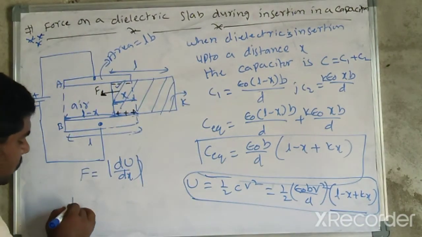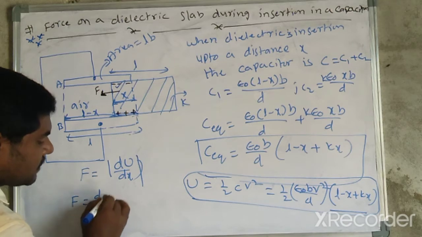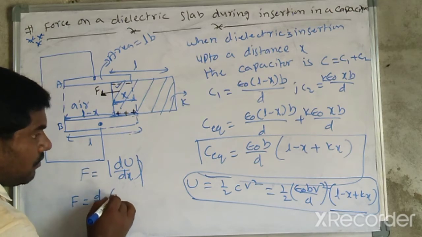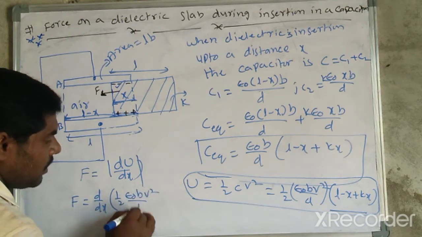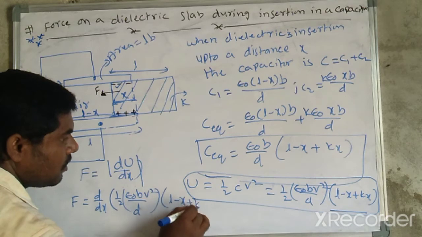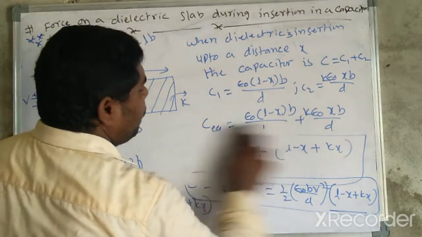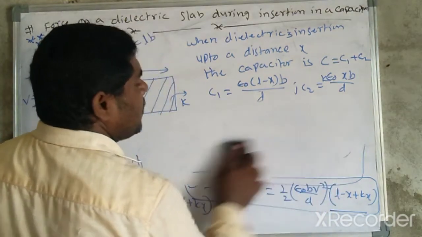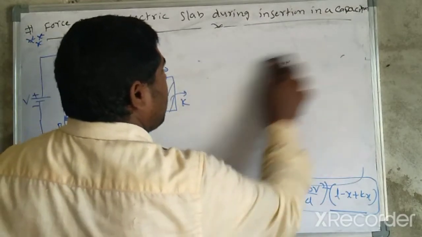That force is equal to d by dx of 1 by 2 epsilon naught B V square by D into (L minus x plus Kx). So we differentiate this value with respect to x. What happens here?